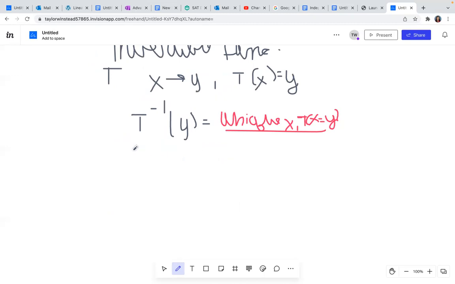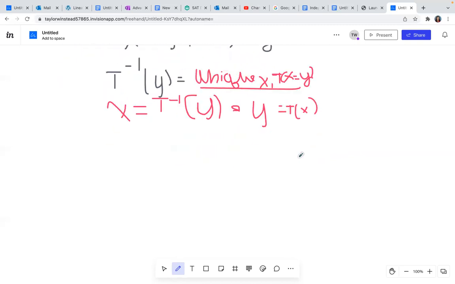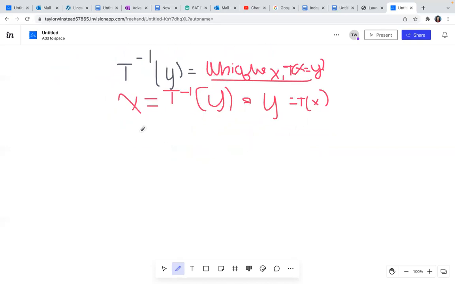So another way that we can write this is if we say that x is inverse T of y, that means that y is T of x, right? I'm just writing it backwards here. One thing that we need to note really quickly that will become important later is that inverse T of T of x is going to just equal x.